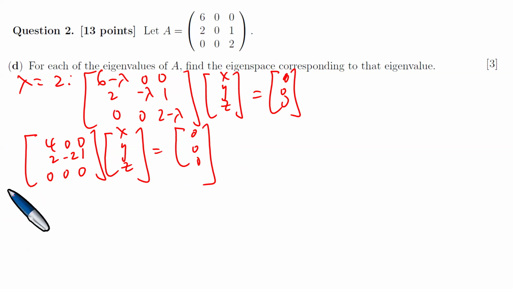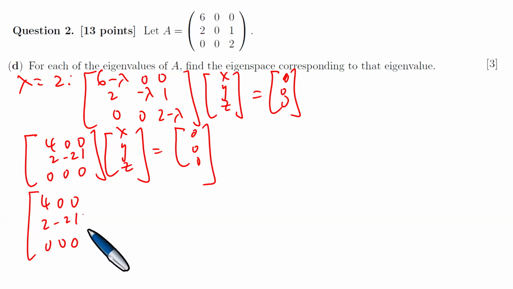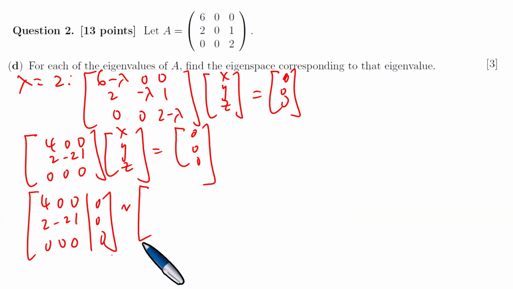So what do we get here? 0, 0, 2 minus 2, 1. Is there any shortcut to this? Normally the best is row reduction to the reduced echelon form, because any other method becomes redundant.